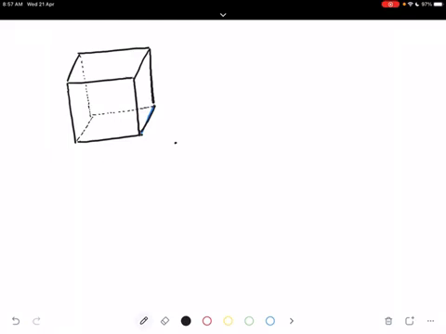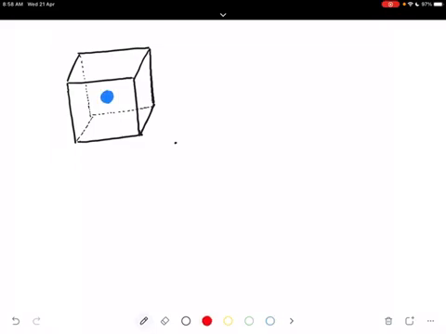So a cube is ready. The center is the void. That is the cation.